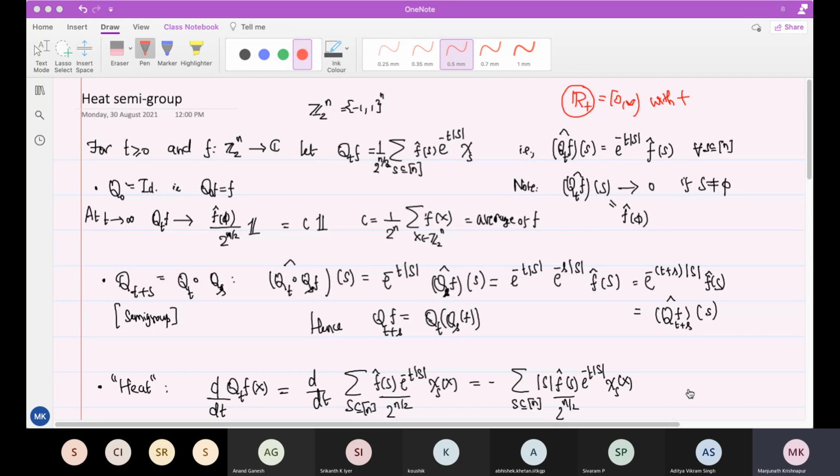Any other questions, comments, and so on? Sir, also this expression, the Q_T f, looks very similar to the Laplace transform itself, where we take inner product against e to the (a plus j omega), unlike e to the j omega in the Fourier case. Yes, the similarity is there somewhat. Okay, I don't know.